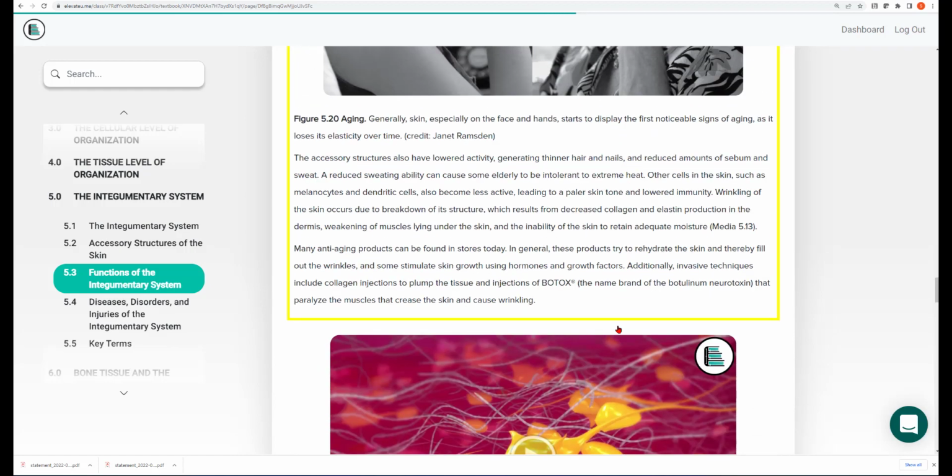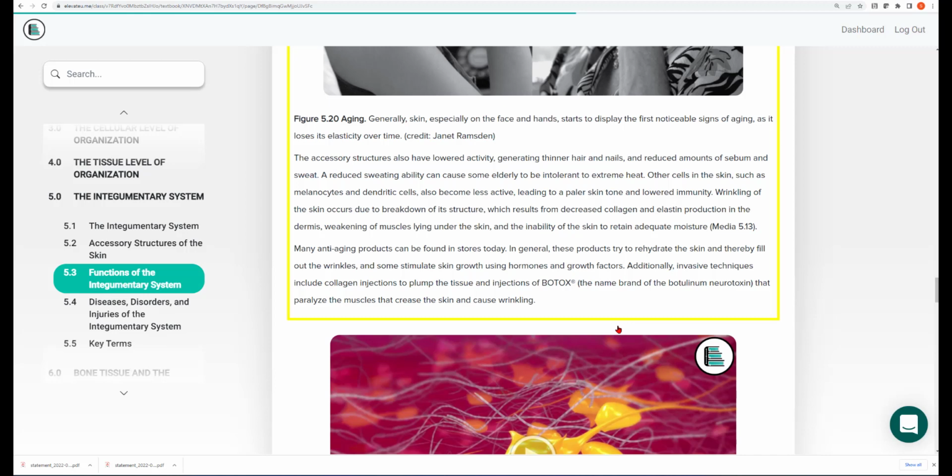As we age, a couple things happen to the skin. Of course, I mentioned that the sweat glands stop producing as much, so our skin gets drier. In addition, the fibroblasts that are making the collagen just don't do as good a job of laying down the collagen.